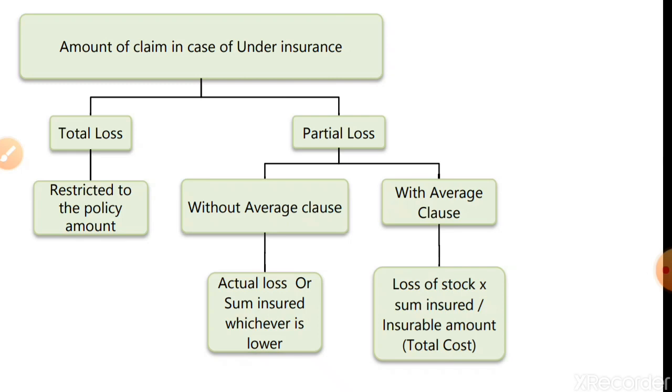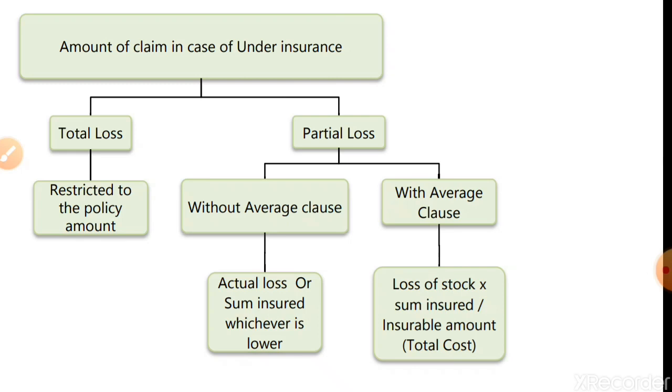As I said, out of 1,50,000 you have taken a policy of 1 lakh, the remaining 50,000 you have not taken. Out of the stock destroyed also, the 50,000 proportion will not be claimed, only the 1 lakh proportion we need to claim. So proportionately you will get the insurance claim.